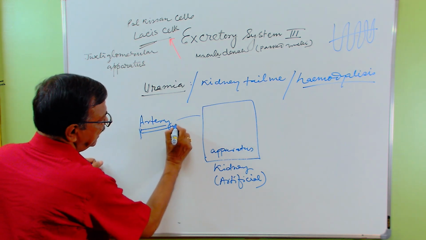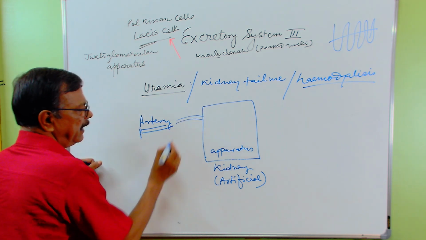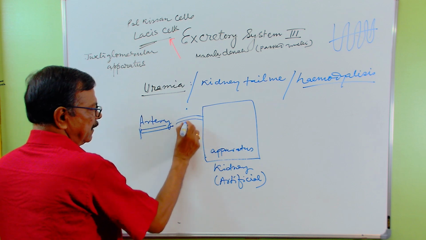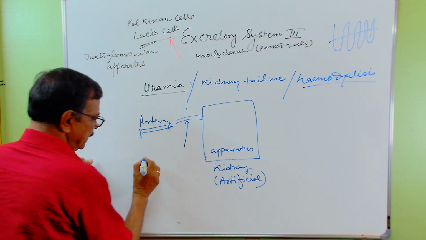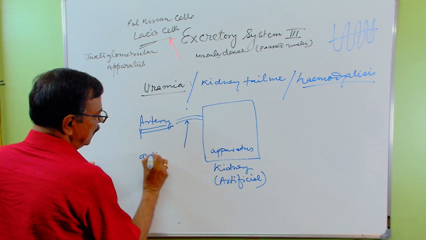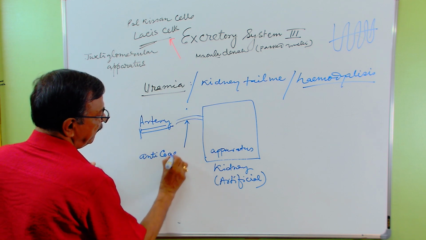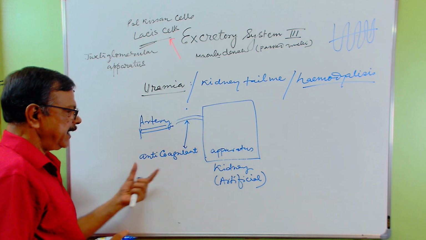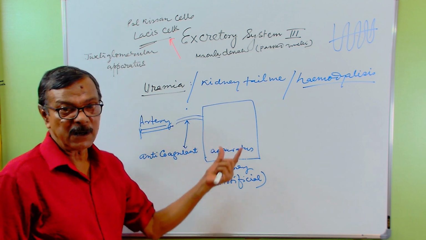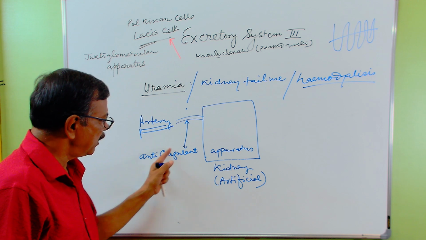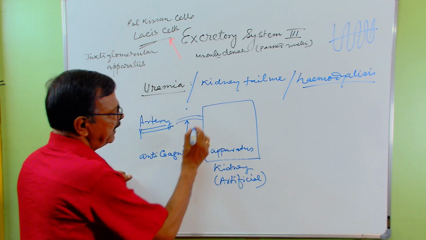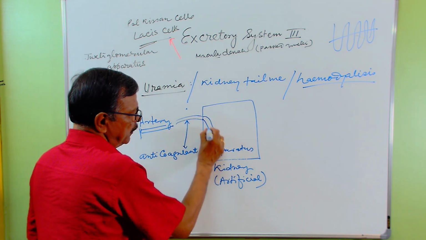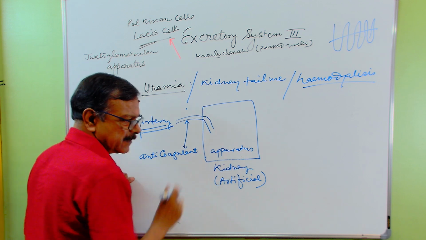The blood is taken in here and it is mixed with some anticoagulant so that the blood does not coagulate. Anticoagulant is mixed and then it passes through this apparatus.